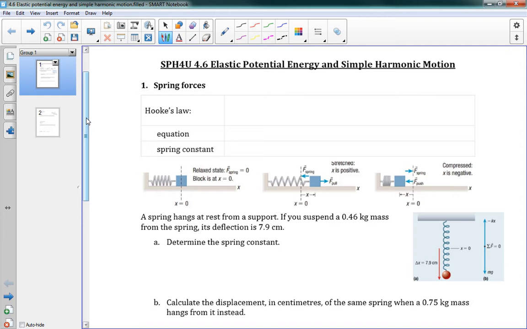And we have Hooke's law. Hooke's law tells us about springs, and it tells us that a spring exerts a force that is directly proportional to its displacement.